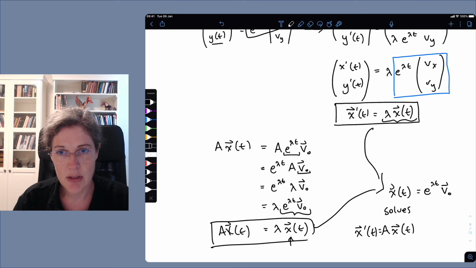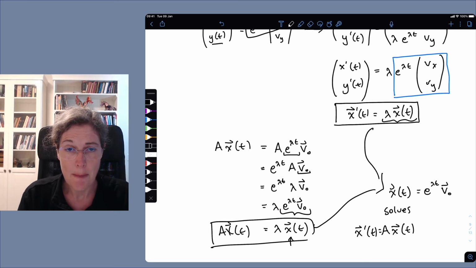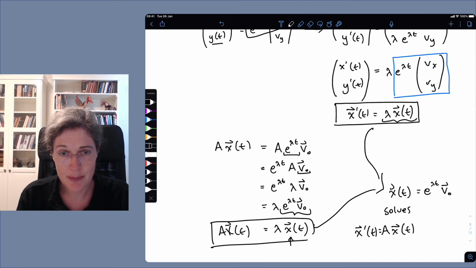Okay, that was slightly rushed, but it follows the basic idea that you know from way back when, which is if you want to check that something is a solution, you show that the left and right hand sides of the equation that you get when you substitute it in are equal. And we just did that.